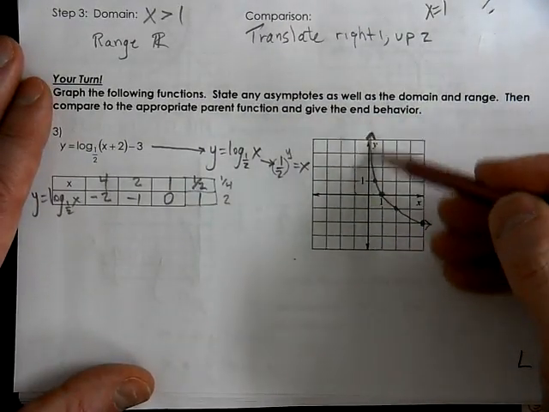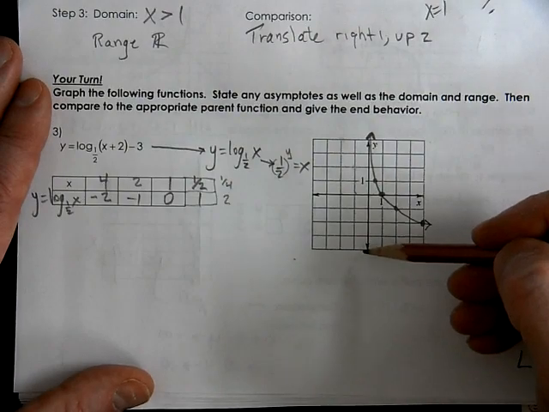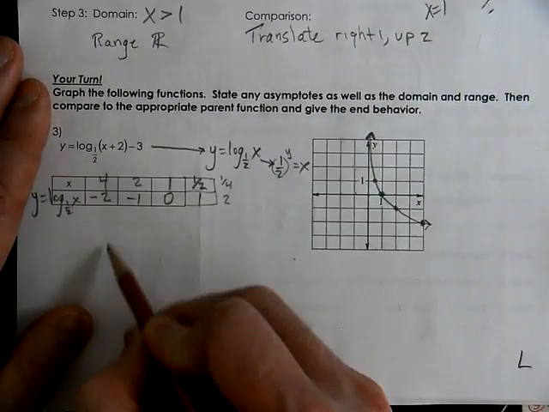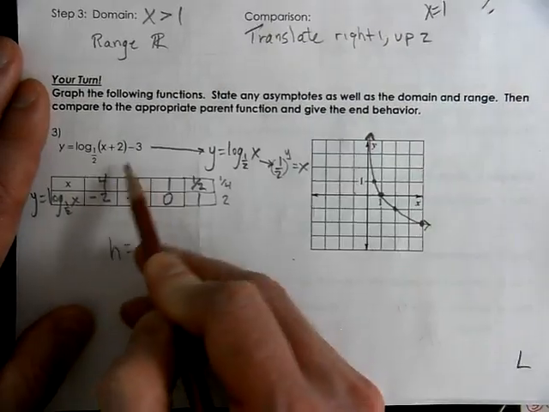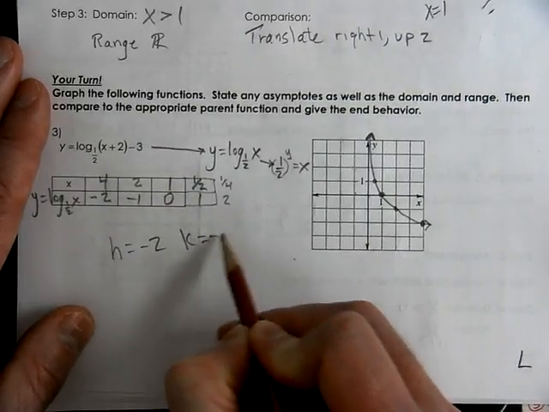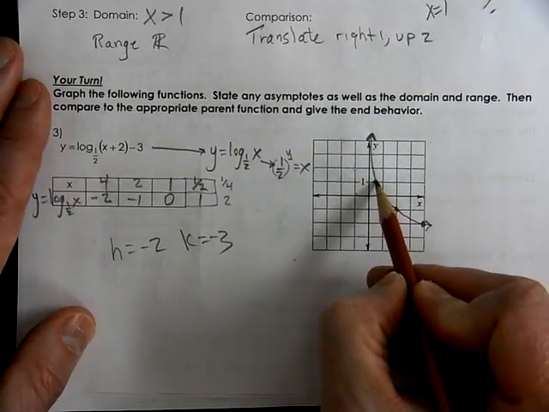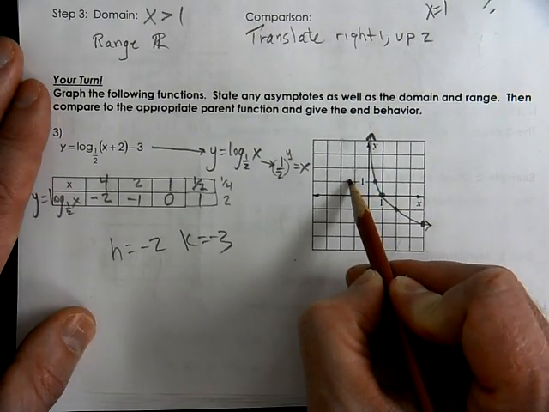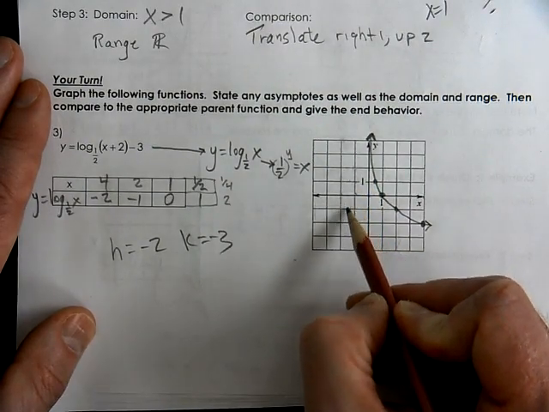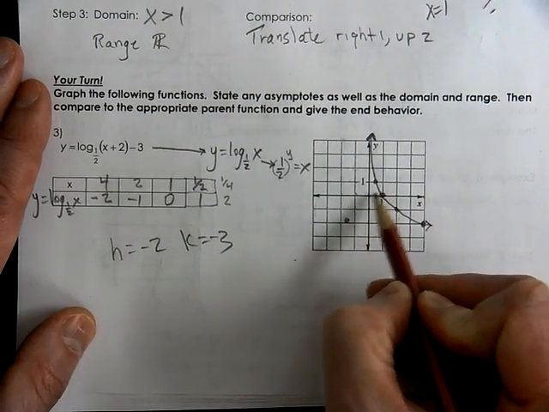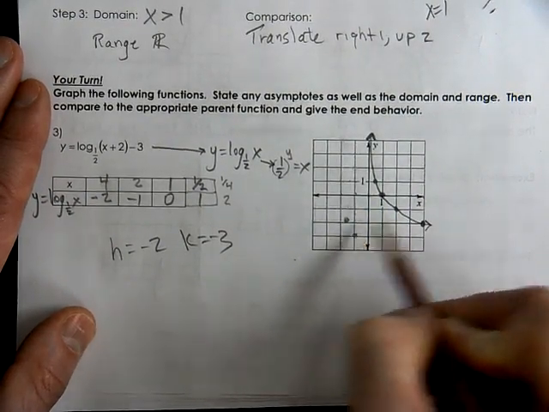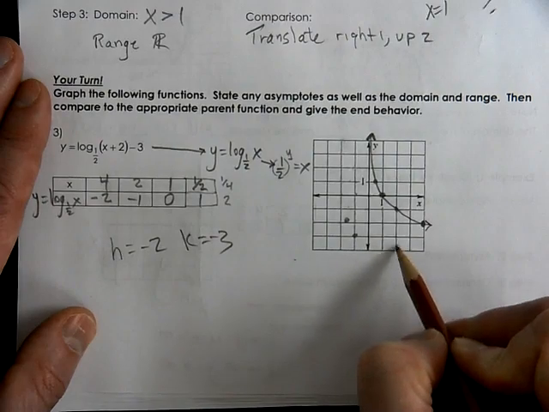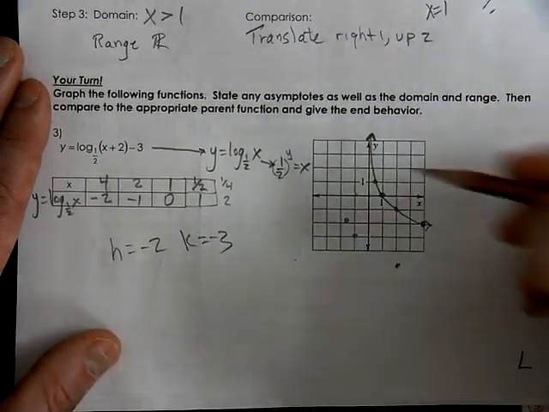So that would give us an asymptote here at the y-axis. But we're going to do our translation with h being -2 and our k being -3. So we're going to go to the left 2, and we're going to go down 3. Left 2, down 3.